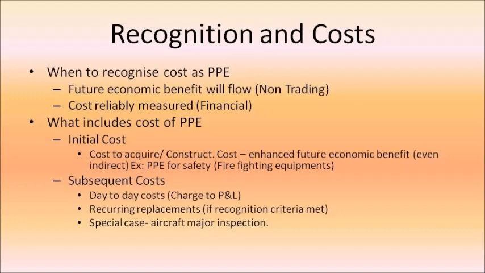One is initial cost, which includes the cost to acquire a particular asset, or it includes the cost of constructing an asset. That is, in order to build a building, we may invest in so many resources for constructing a building. So the summation of all these costs is the cost of construction, which needs to be capitalized if it is a fixed asset for you, if it is a property, plant and equipment.